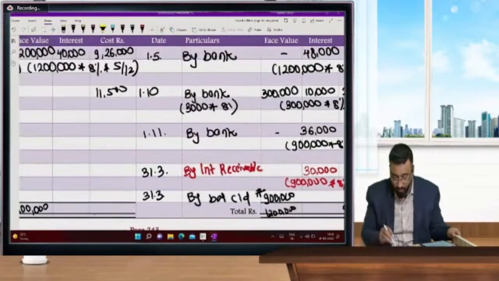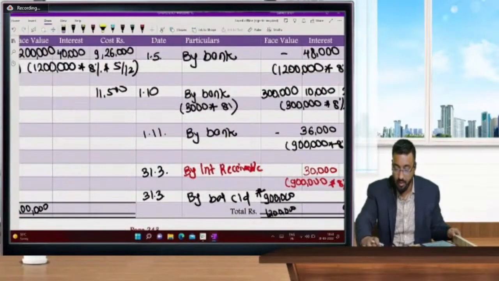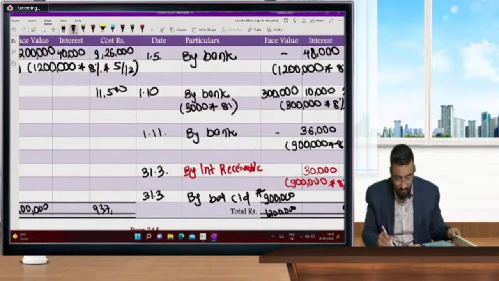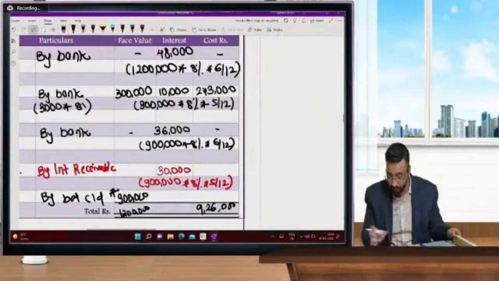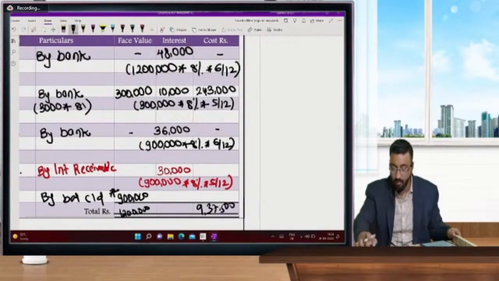I forgot to write. 926 plus 11.5, so total will be 937,500. And 937,500 minus 243 is 694,500.